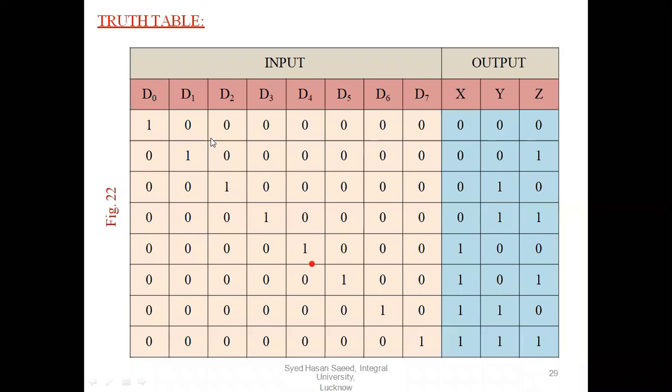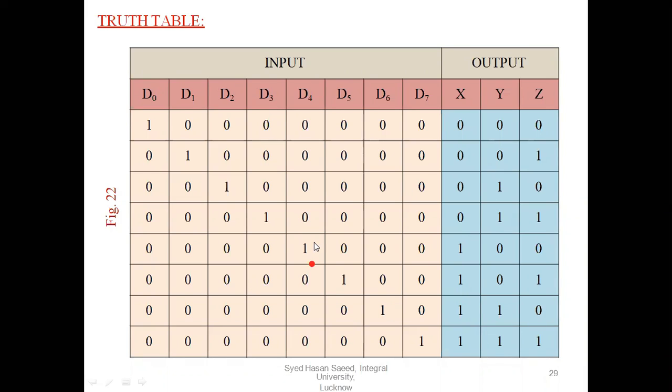Here only we have to place 1, because it will produce the output 0 0 1. At D2 only we place 1 and the output is 0 1 0. At D3 only place 1, remaining values are 0, and it will produce the output 0 1 1.